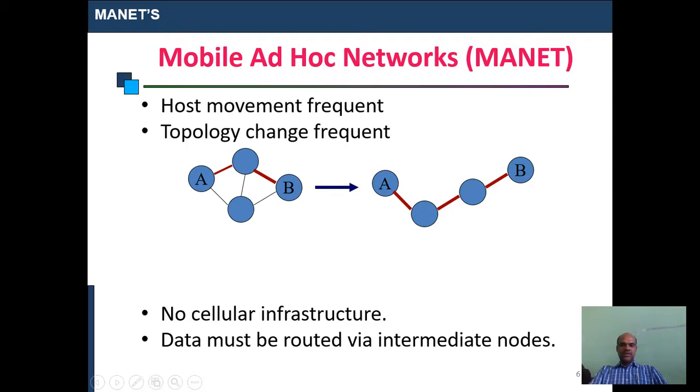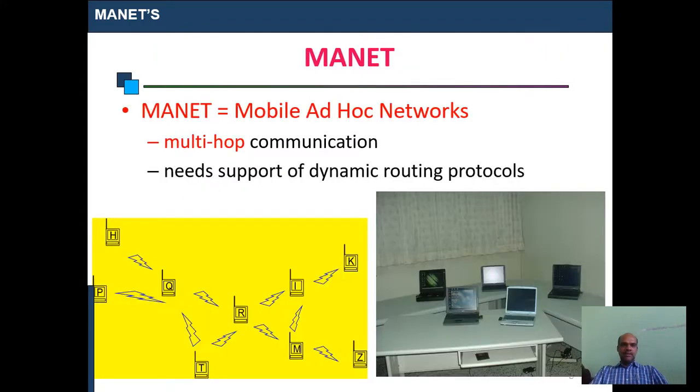Depending on the changes in node location or node mobility, they have interconnection between multiple nodes. These MANETs use multi-hop communication, so due to this multi-hop communication, we need the support of dynamic routing protocols.